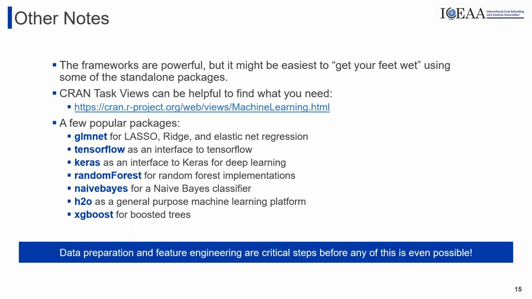I think Python has one too. Random Forest I've seen used in a few ICEAA presentations in the past. Very simple. Naive Bayes, H2O, XGBoost, they all have their uses. But those are some I'll highlight if you're trying to get started, just get some things to run. But regardless, data preparation and the feature engineering side are key before you can use any of these.